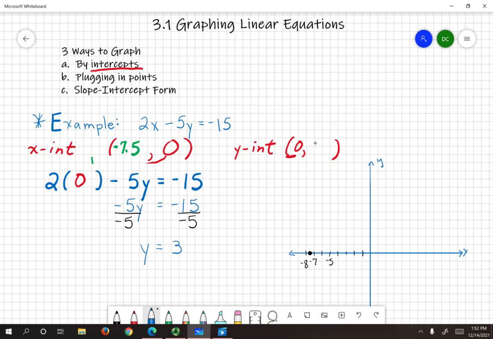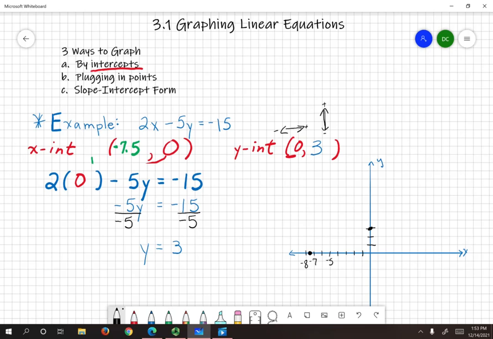Y is 3. So I'm going to put that there. So when x is 0, y is 3. That point is 0, 3. 1, 2, 3. Remember, the first number is where I go to the right or to the left, and the second number is when I go up or down.